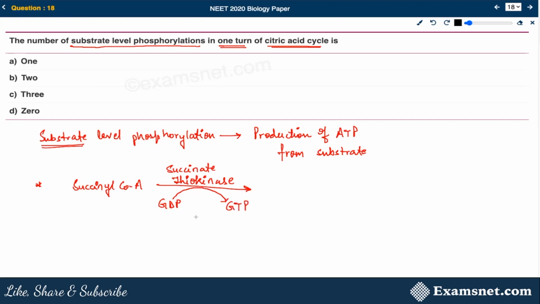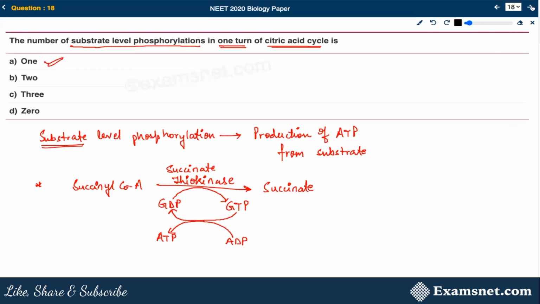GTP will be further converted, so this is basically a cycling process: either ATP is produced or GTP is produced. Only one ATP is formed over here, and that too in this reaction only, which converts succinyl CoA into succinate. So how many ATP are produced through substrate level phosphorylation? The answer turns out to be 1. All right.